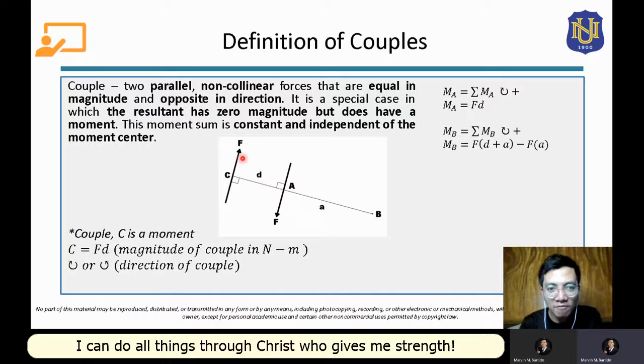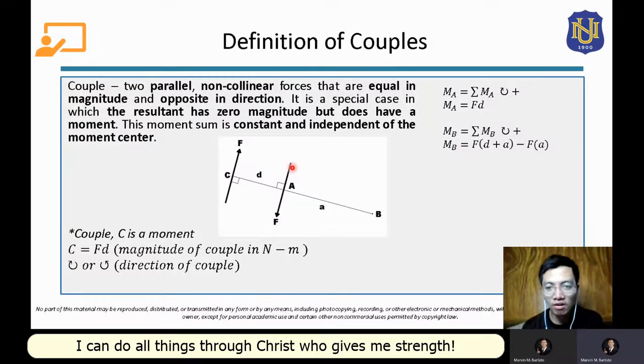It will just be F, and its moment arm will be D plus A. So it will be F times D plus A. That will be the moment of force F here about point B, and it will be clockwise, so it will be positive here.